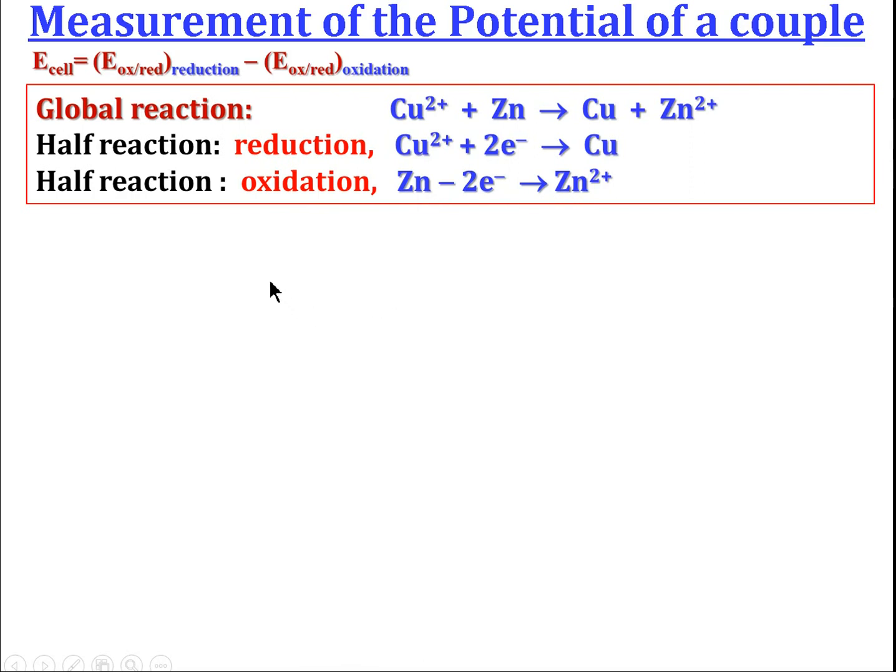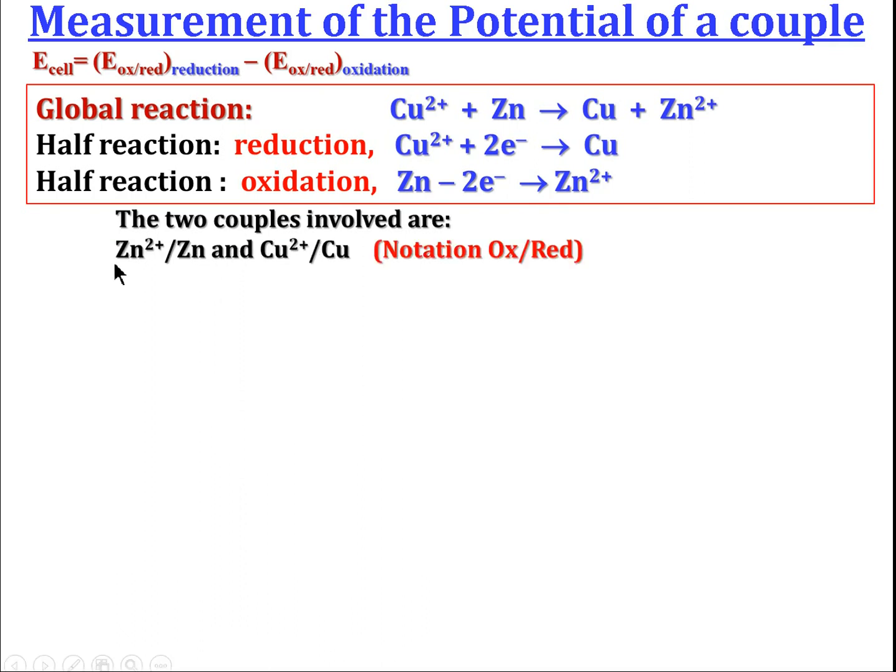So the two couples involved in this global reaction are Zn2+/Zn and Cu2+/Cu if we use the notation ox then red. And the couples involved are Zn/Zn2+, Cu/Cu2+ if we use the notation red ox.